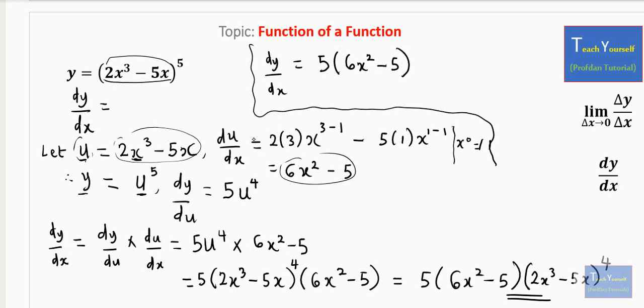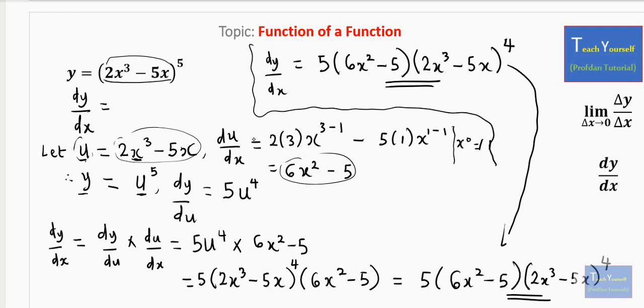Next, we write the whole function subtracting 1 from the power. That's going to give you 2x cubed minus 5x, subtracting 1 from the power, 5 minus 1, that is 4. And you will see that you arrive at the same answer as this. So this technique is good for objective questions, and if you have to show your working, you use the previous one.